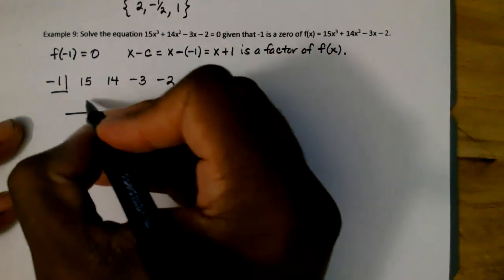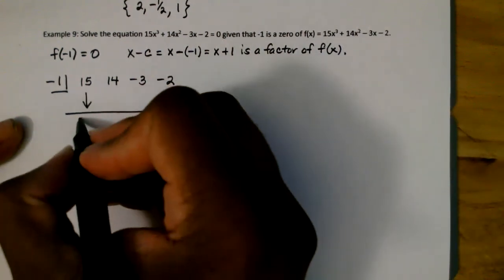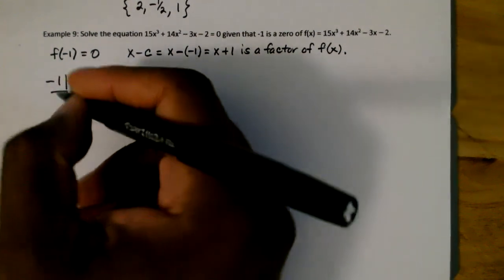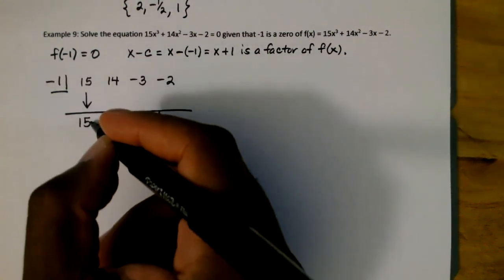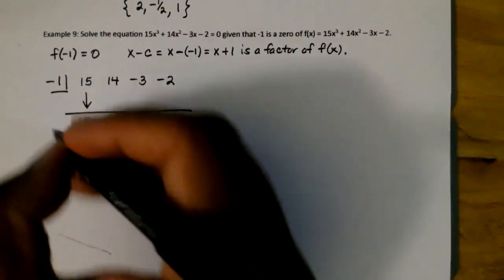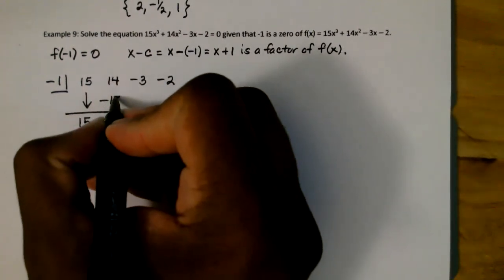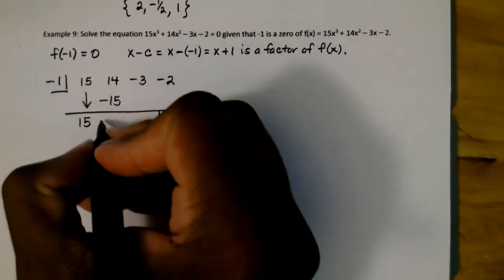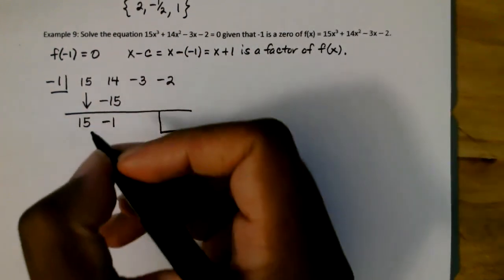So now I'm going to bring down the leading coefficient in the bottom row. That's 15. Now we need to multiply the divisor times the number in the bottom row. -1 times 15 will be -15. And then add 14 and -15 together, you'll get -1.